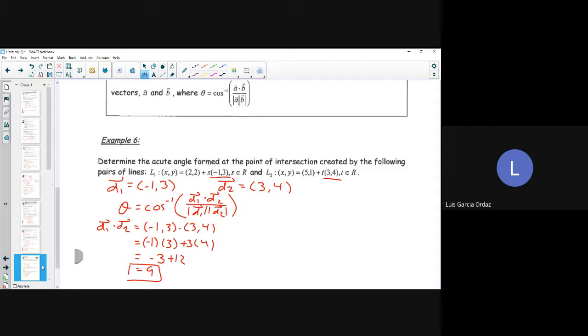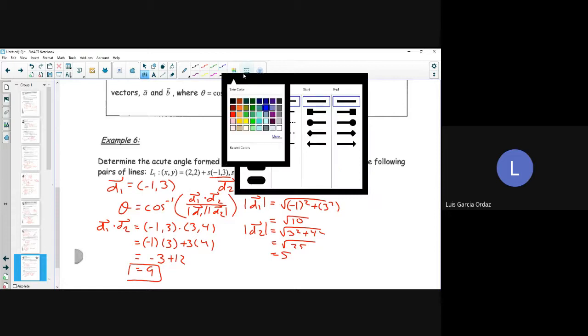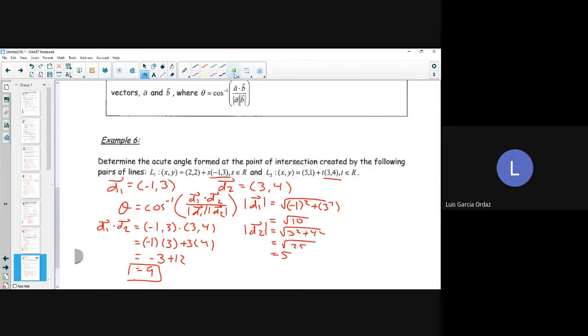Now the magnitude of direction vector 1 is going to be the square root of (-1) squared plus 3 squared, which gives me the square root of 10. The magnitude of direction vector 2 is going to be the square root of 3 squared plus 4 squared, which gives me the square root of 25, which is 5. So now I have all the information, so I can find my theta value.